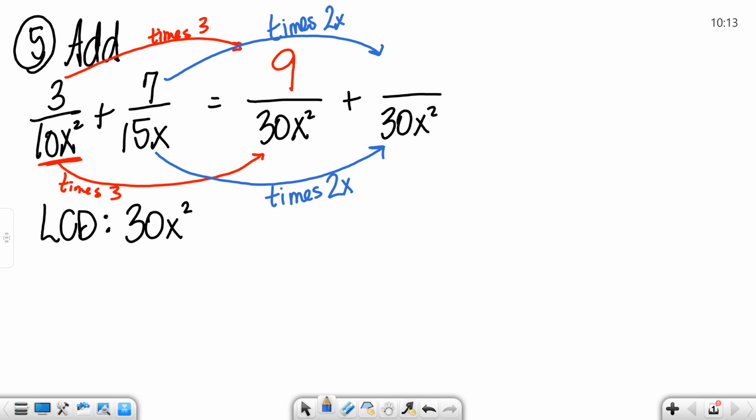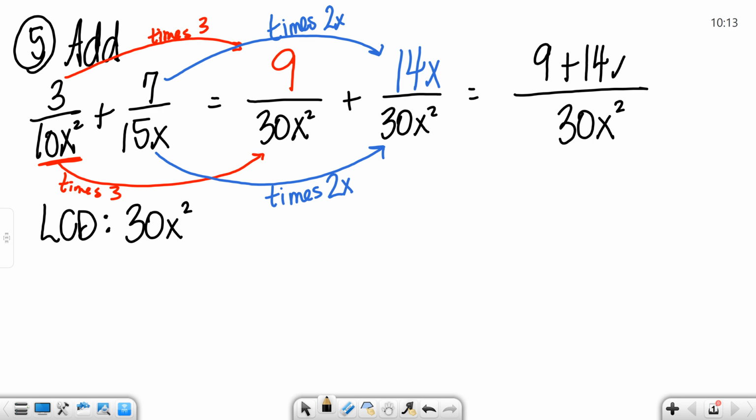So we multiply 7 times 2x, and we get 14x. Now that my denominators are the same, I can go ahead and add my numerators, 9 plus 14x. They're not like terms. There's nothing else I can do. That problem is finished.